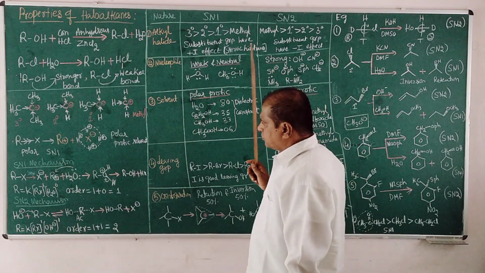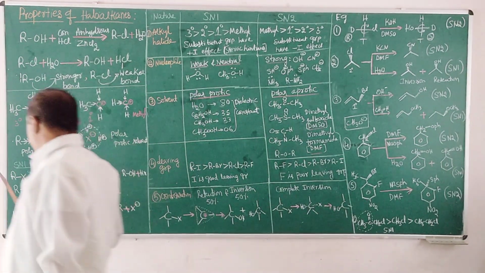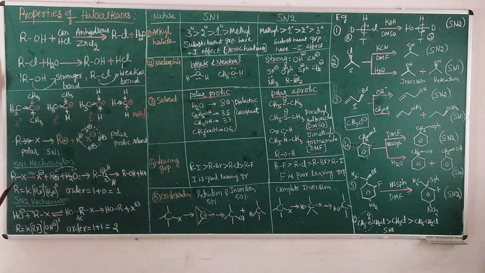Another point is about the halide. In this mechanism the chemical bond breaks completely. For the breaking of the chemical bond, one condition is required: the halogen should be a good leaving group.